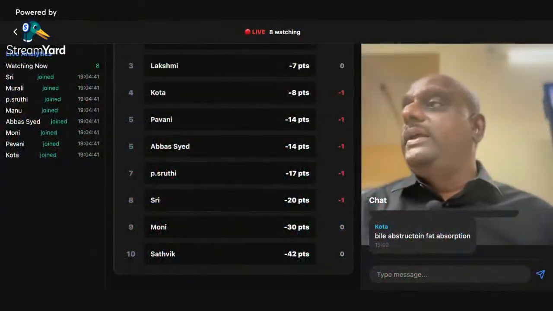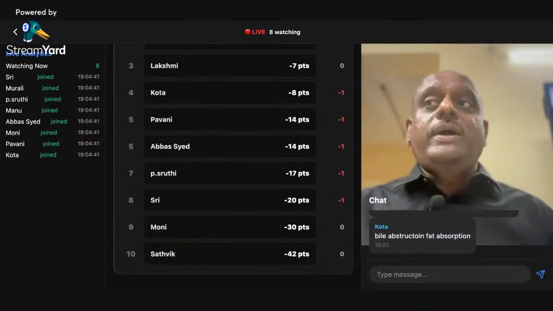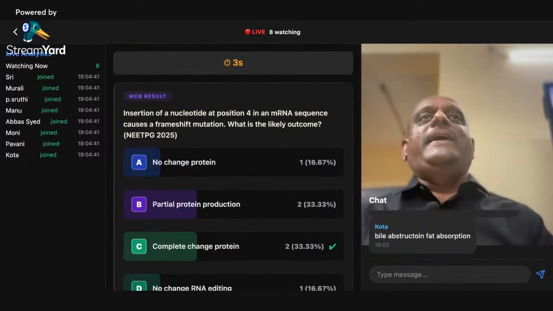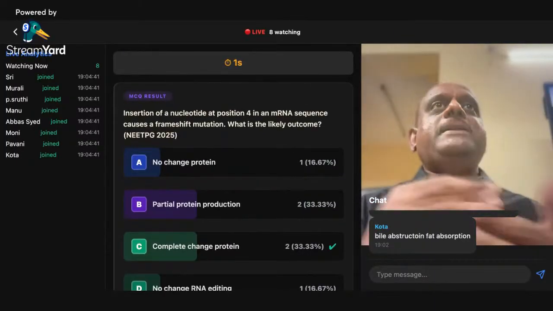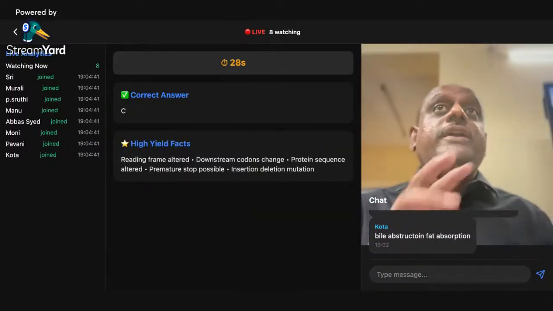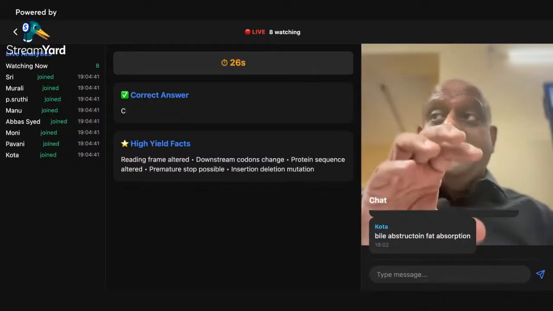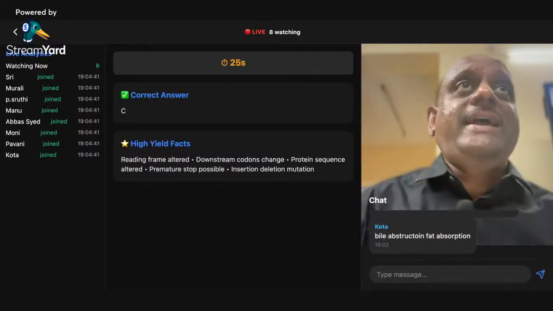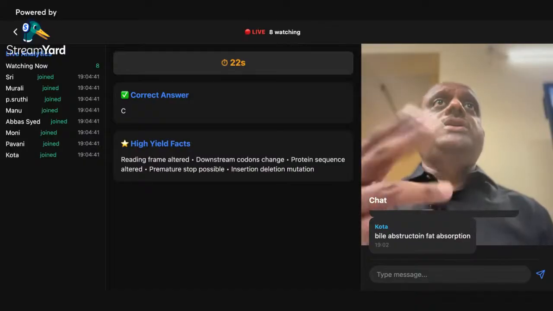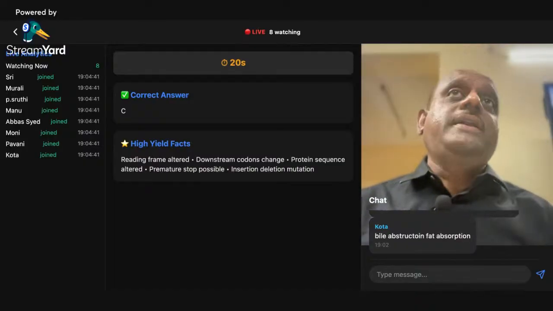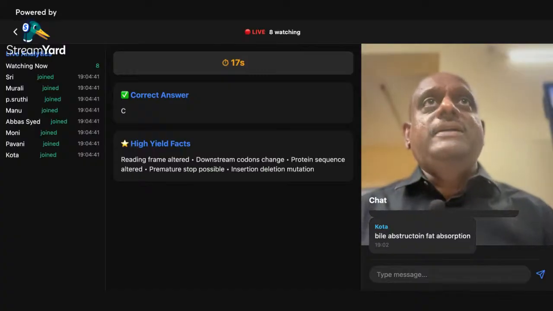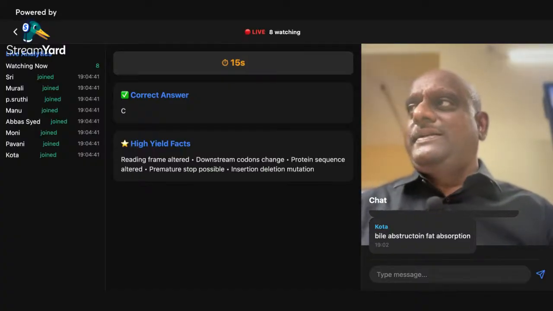Very good. Two of you correctly answered. Complete change in protein. Frameshift means the whole reading is changed in one stroke. So, the reading frame is altered. The downstream codons will change and the protein sequence is altered. Premature termination of the chain can happen. That is typically the effect of a frameshift mutation.